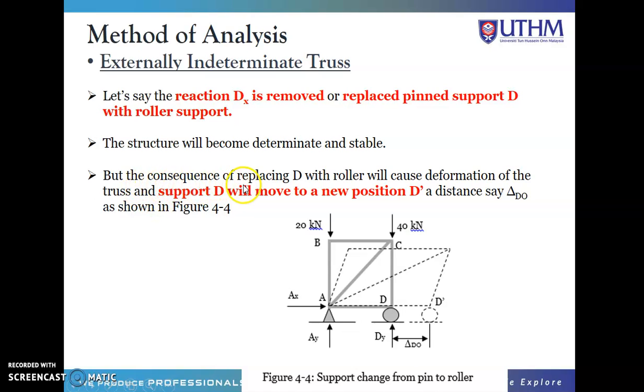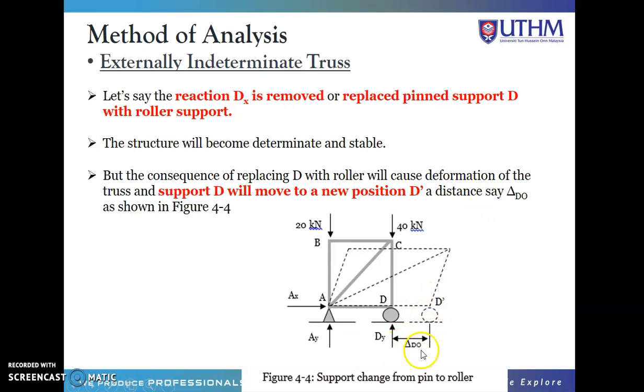But the consequence ataupun kesan daripada replacekan D ni dengan roller, maksudnya at first dia adalah pin, so ada dua reaction. So tiba-tiba bila digantikan dengan roller akan mengalami deformation. The support D will move to a new D prime.